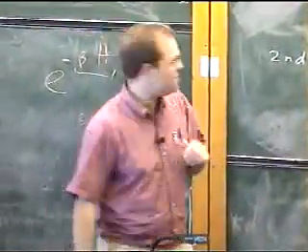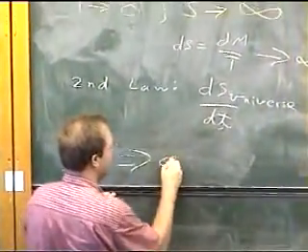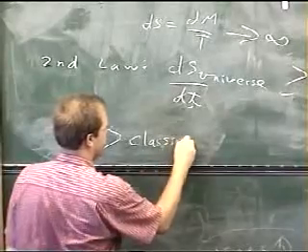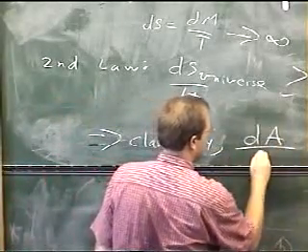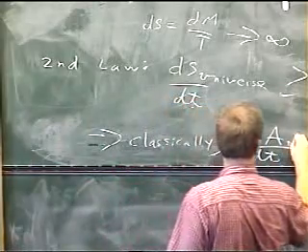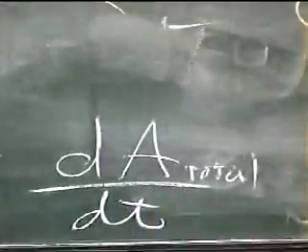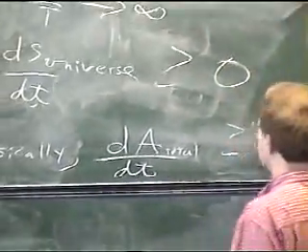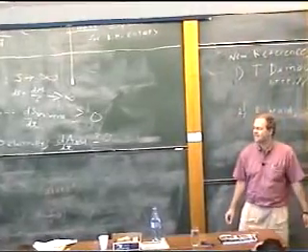Right? So the second law suggests that at least classically, the total surface area of all black holes put together should also be non-decreasing. It should also only get bigger as time passes. Okay?